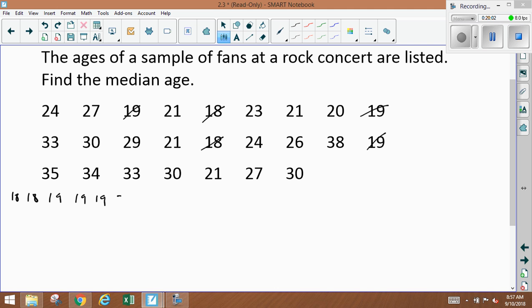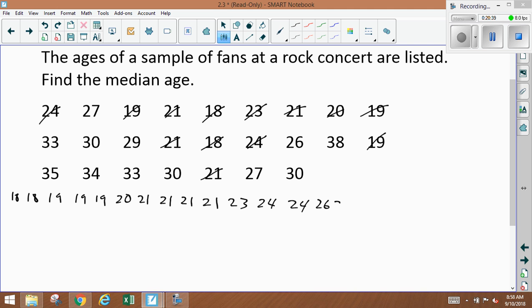Four 21s: 21, 21, 21, 21. Then 23, 24, 26.